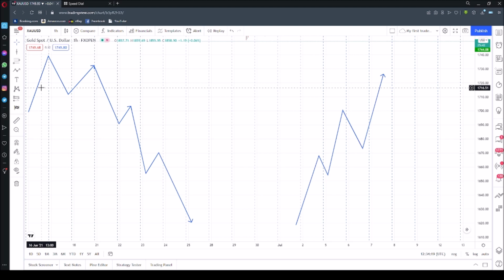Here, this was the last lower high of the prior move. Breaking this last lower high is a significant sign that we are now in a new trend. So this move is market behavior showing us a change of trend.